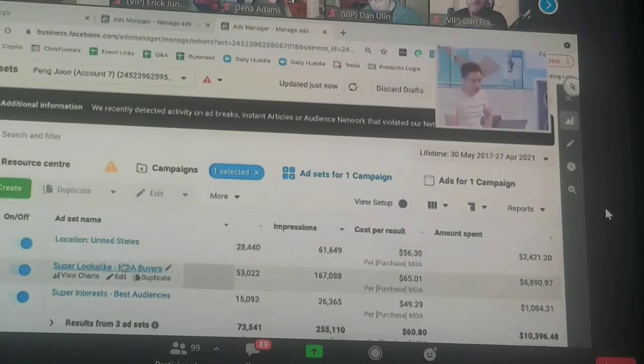Now, what is the third audience? The third audience is basically my lookalike buyers. Because I know that this funnel is profitable, and I know that each person that goes through this funnel is worth approximately $250. If I can pay $70, $80 to acquire a customer, I would be very happy.